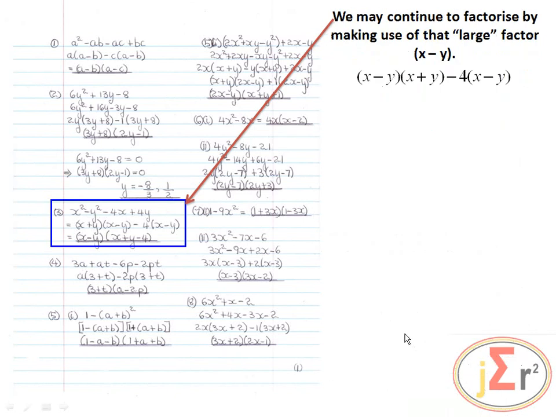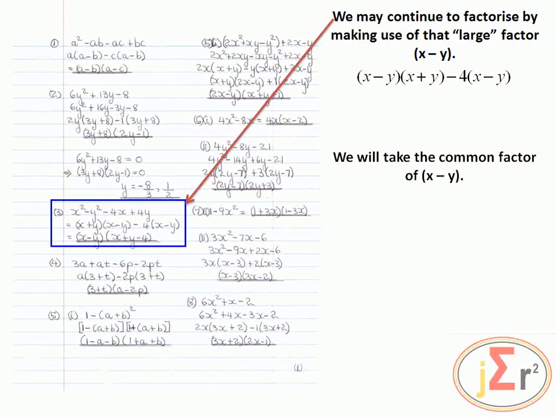We may continue to factorize by taking a common factor. And as we have it written there, we may continue to factorize by making use of the large factor x minus y. So our common factor is x minus y. So what do we do?